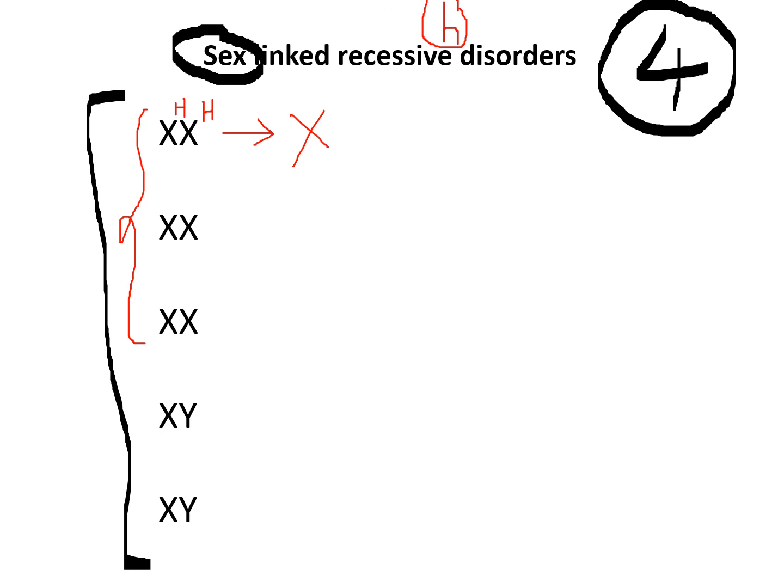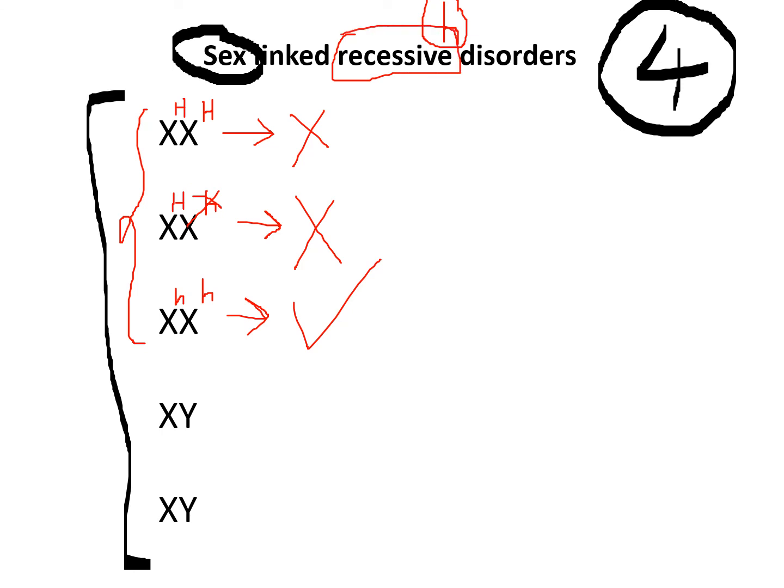Another possibility for a female is to have a capital H on one X and a small h on another X. However, the capital H will mask out the effect of the small h, and there will be no hemophilia. If a female has the 2 recessive alleles, she will then have hemophilia, because hemophilia is a recessive disorder.